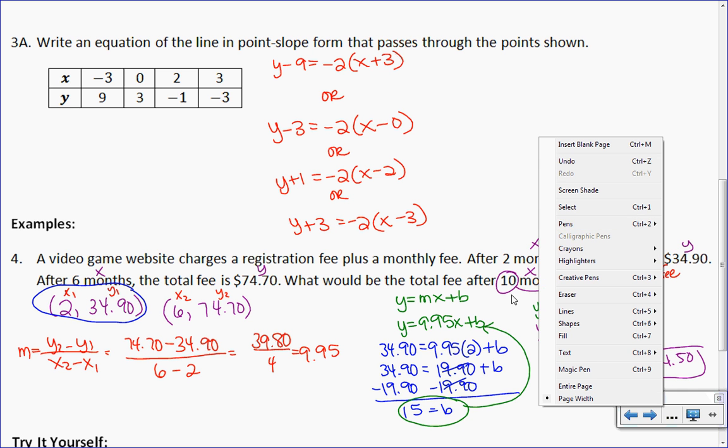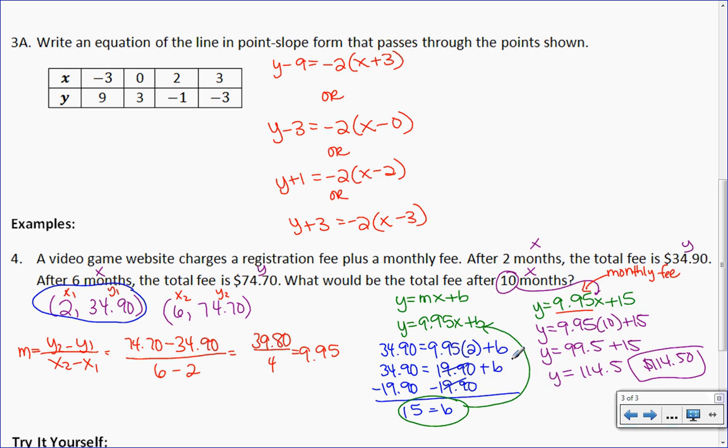When we found the y-intercept, b, think of this: when you think of the y-intercept, remember that's where x is 0 on the graph. Well, if x is 0 and x is the number of months, that would be the charge for 0 months. That sounds to me like a registration fee. You pay that no matter how many months you have this membership for.